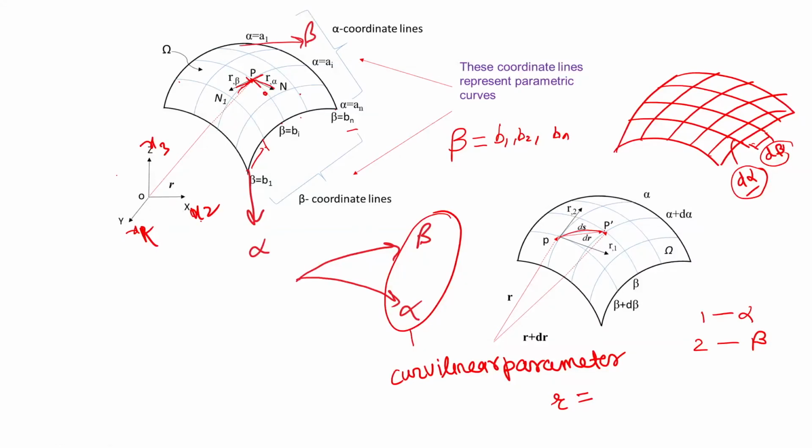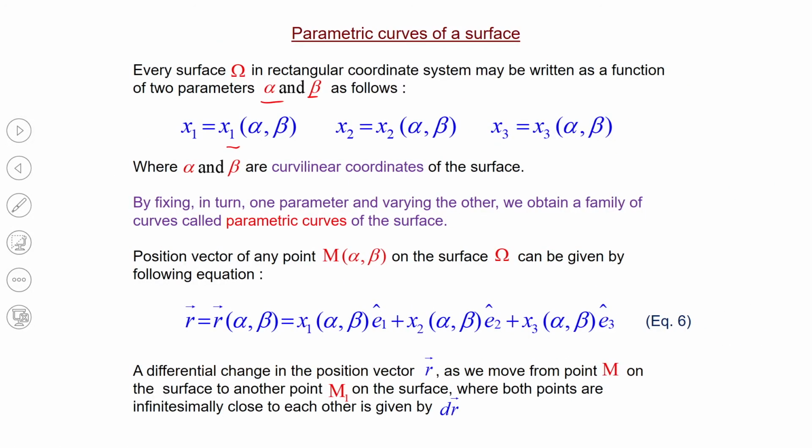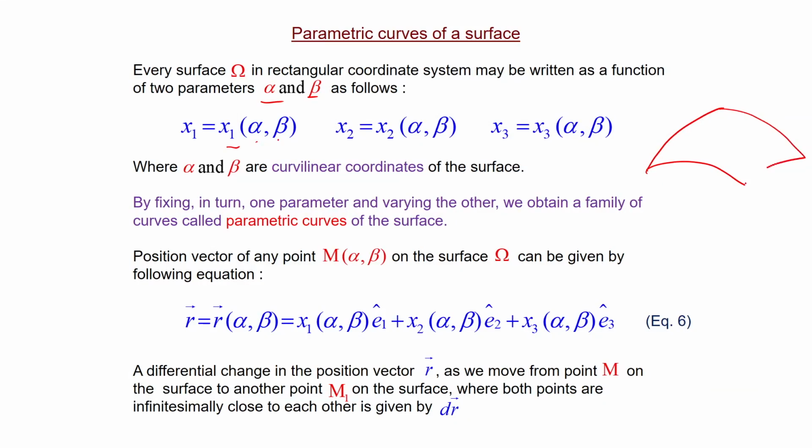They can be written in terms of curvilinear parameters alpha 1 and alpha 2. So, we can say that x1 is a function of alpha and beta. If you remember previously, for a single curve we said that x is a function of t. Now, I am saying for a surface, x is a function of alpha and beta. x2 is also a function of alpha and beta, x3 is also a function of alpha and beta.